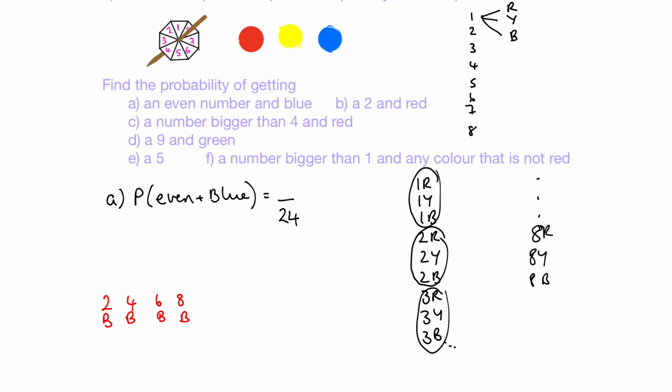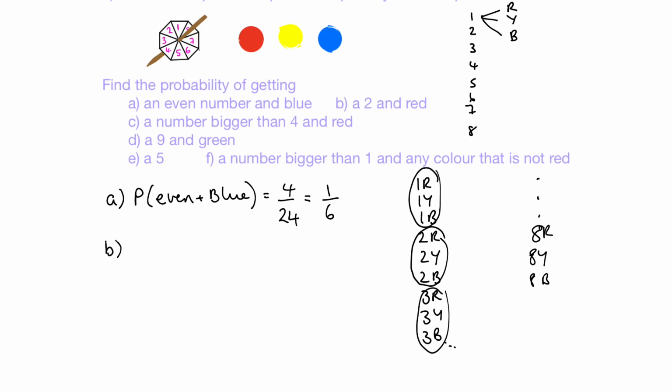So there are 4 different ways of getting an even number and blue. Okay, so we were going to put a 4 there. Okay, so that will simplify both in the 4 times table. It gives us 1/6. So the probability of getting an even number and choosing blue is 1/6. Okay. Part B.